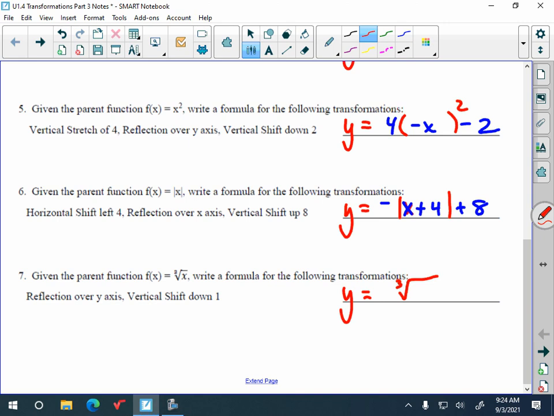We have a reflection over the y-axis and down 1. If it's reflecting over the y-axis, we have to have a negative on the inside being multiplied to the x. Down 1, minus 1 at the end.